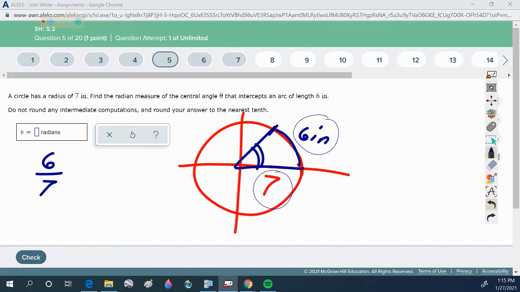How far is it from here to here in inches? Not 14. It's pi radians, right? So how far is it from here to here? 7 pi inches.